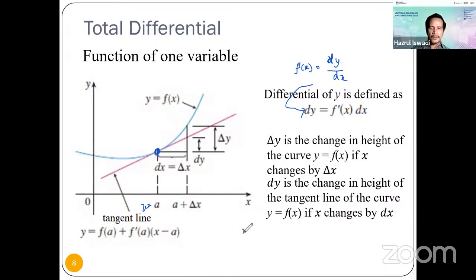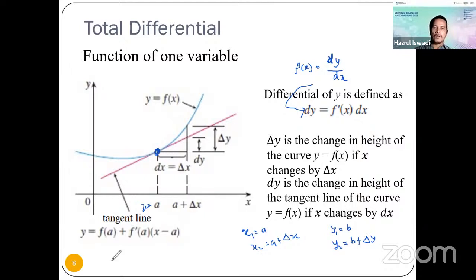So x1 is a and x2 is a plus delta x. Also for y, y1 is equal to b maybe, and y2 will be b plus delta y. And this can be found from this formula.